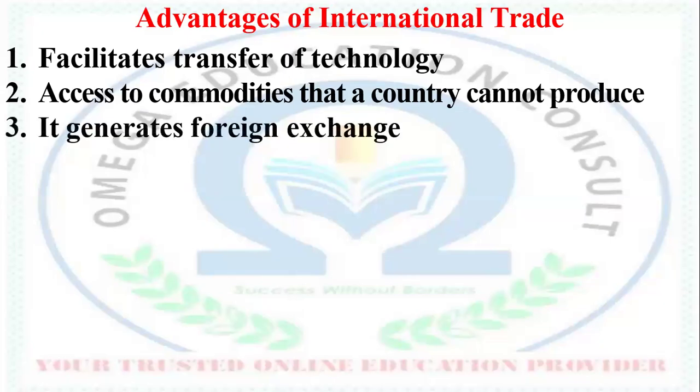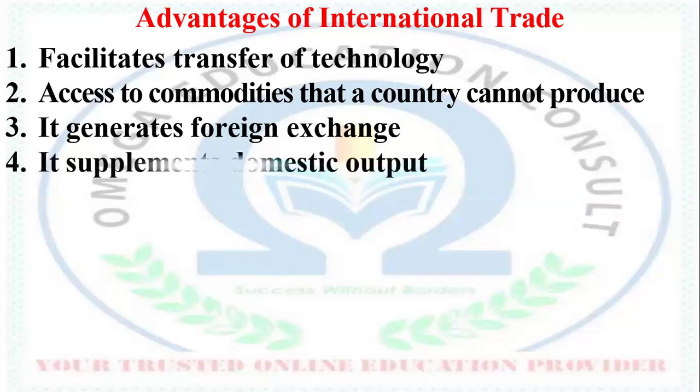One other advantage is that it helps to generate the foreign currency to enable us buy commodities from other countries. The other benefit is that it helps a given country to buy goods to supplement what it can produce domestically, but are not enough.